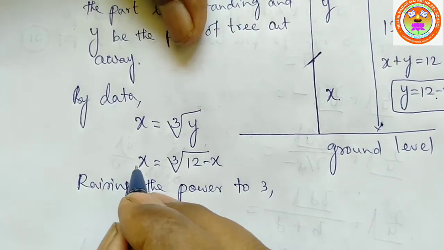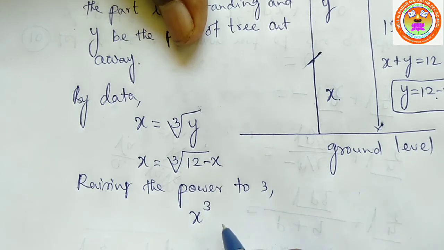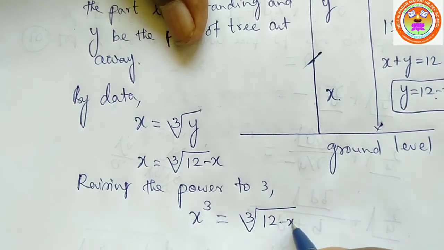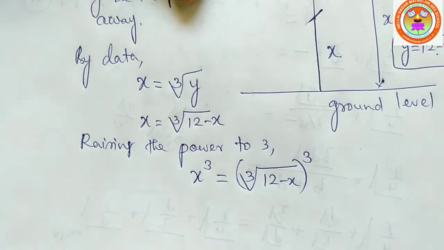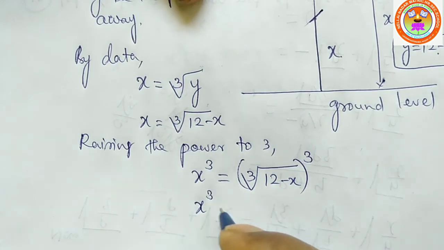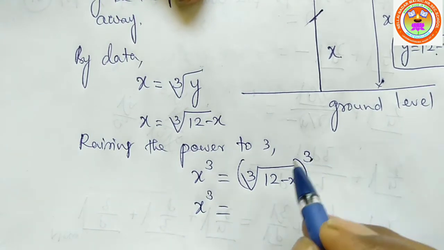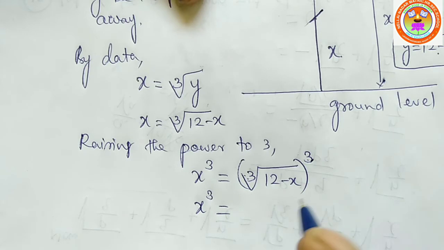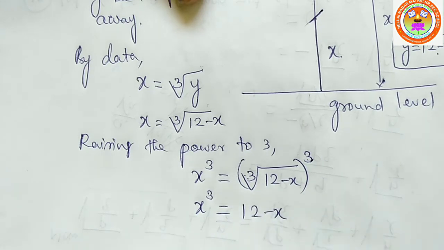So it will become x cube, which is equal to the cube root of 12 minus x, the whole cube. That is, x cube is equal to, since the cube root and cube cancel, 12 minus x.